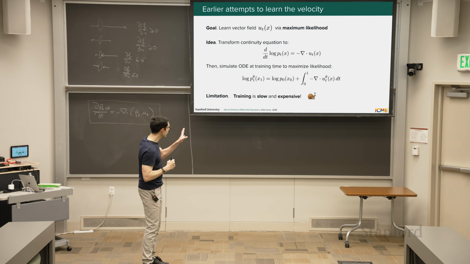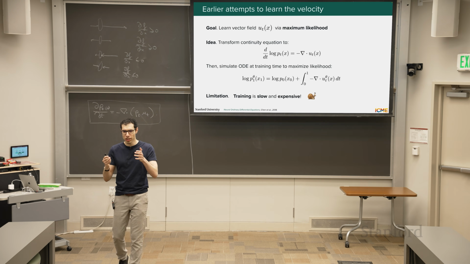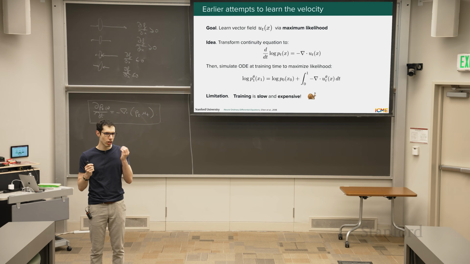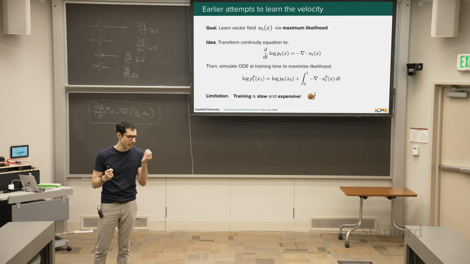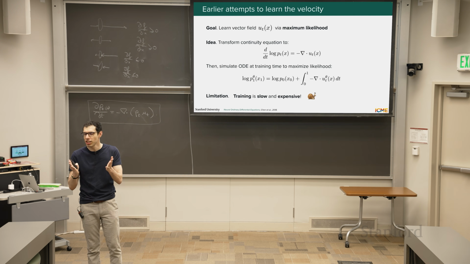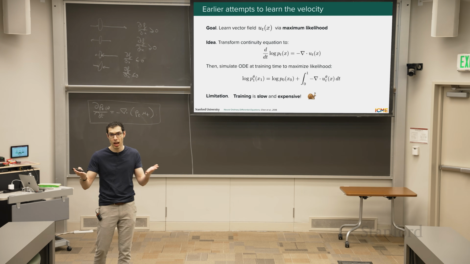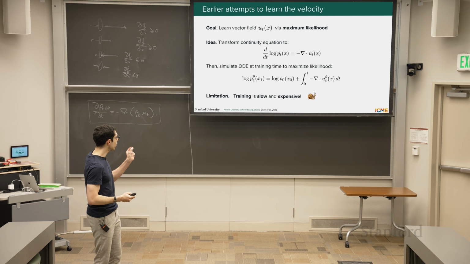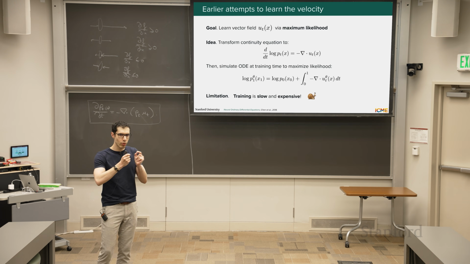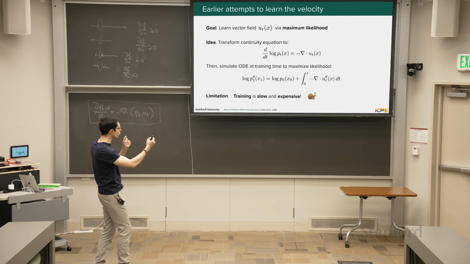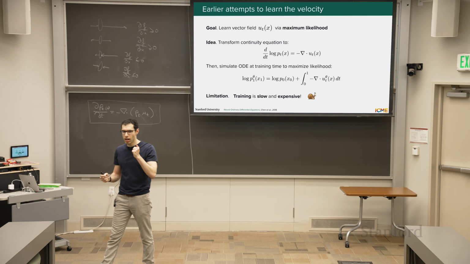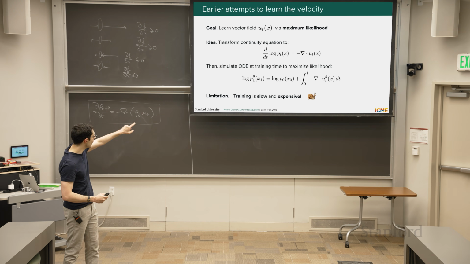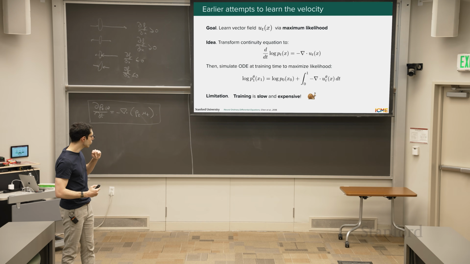So the way you're going to do this is you're first going to realize that you can compute the probability that the initial distribution is seeing x0, because typically the initial distribution is an easy one, something that you can analytically compute, such as a Gaussian. So you know how to compute log p0(x0). And you're going to link x1 and x0 by integrating the divergence of the vector field, because you have the formula above that is true.